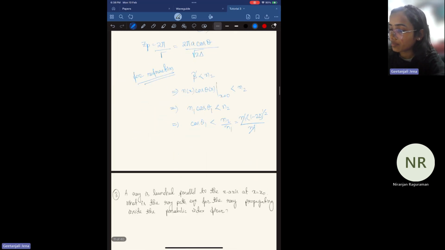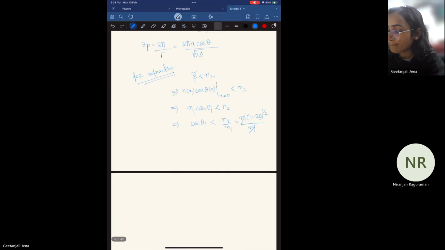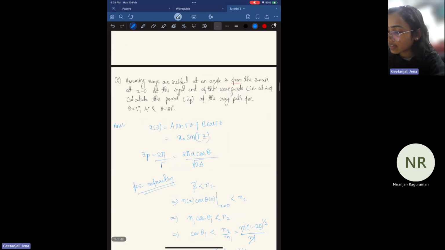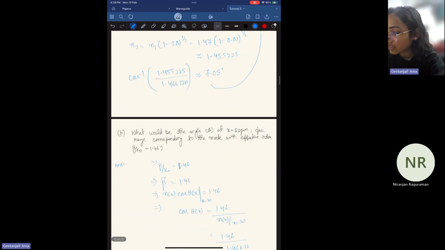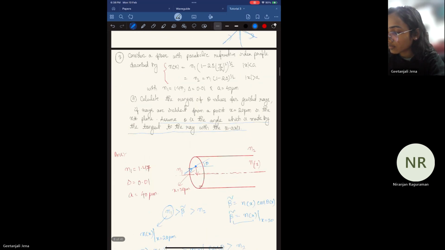So what we have now: cos theta 1 is less than (1 minus 2 delta) to the power half. Delta is already given. So that means theta 1 must be greater than cos inverse of (1 minus 2 delta) to the power half. What is delta in the question?